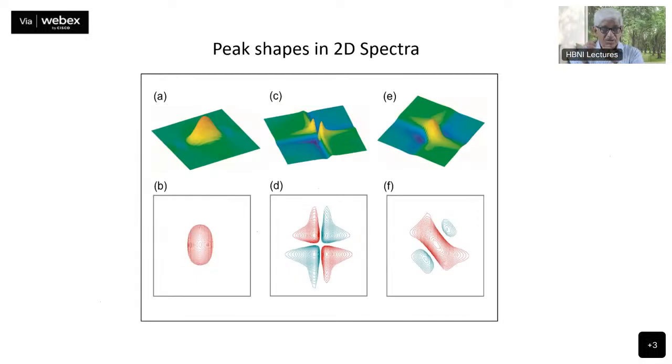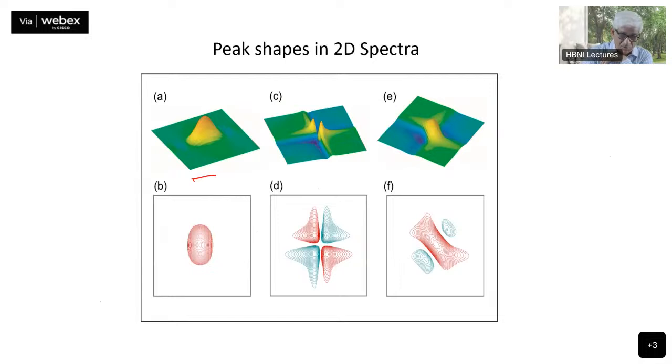Okay, so in each of these cases, what will be the line shapes? There can be different line shapes. Now we are talking about two line shapes: one is the line shape along the F2 axis, the other is the line shape along the F1 axis. If we have the same line shape along both axes, then you get a peak pattern like this, absorptive along both axes.